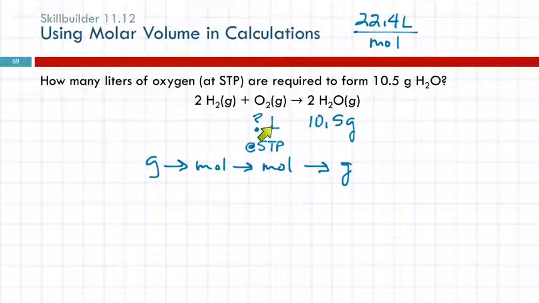I'm trying to get to liters, so the ending is going to be different. The starting point, though, is grams. So I can go from grams of water to moles of water to moles of oxygen. But then I don't want grams of oxygen, I want liters of oxygen. Because this is at STP, I can go directly from moles to liters using this conversion factor. I'm going to use it just like I do a molar mass, but I'm going to get liters instead of grams.